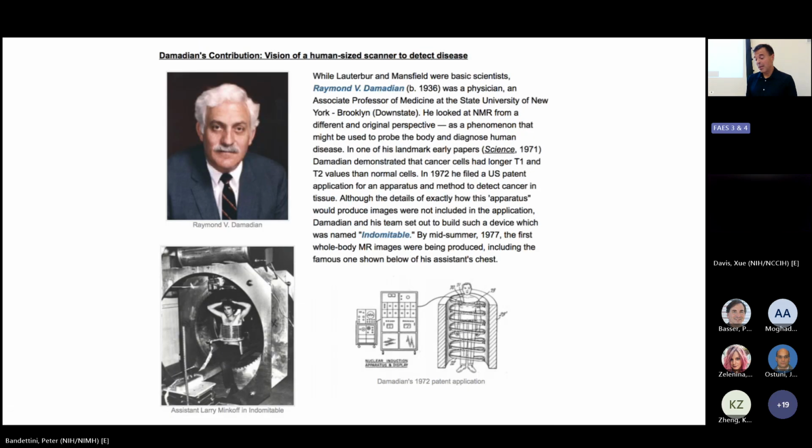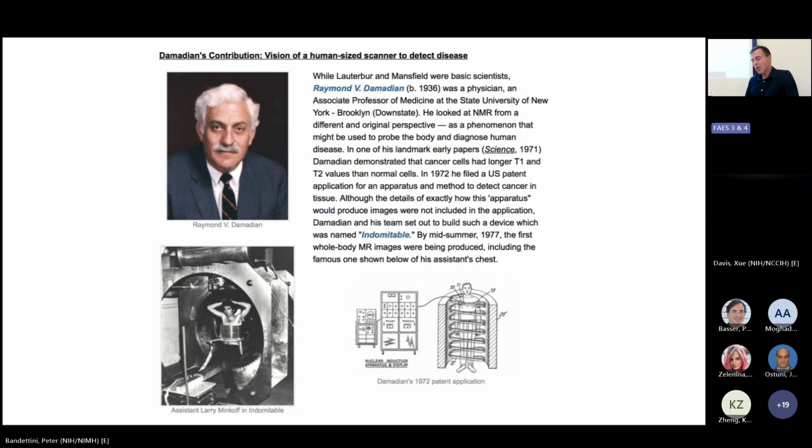I won't get into those slides, but there was another person who didn't win the Nobel Prize, Raymond Damadian. He actually did a lot of good work, but he was a little bit outside the field, and he had the same idea. He created an MR scanner, but he didn't really hit upon the idea of using magnetic field gradients to encode the location.